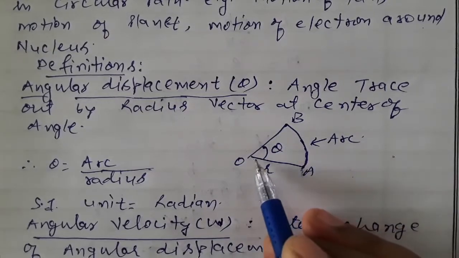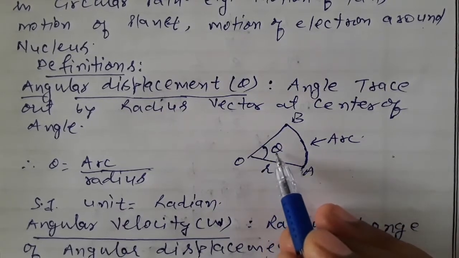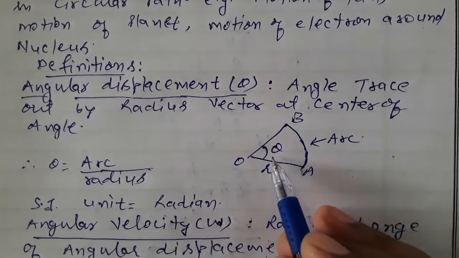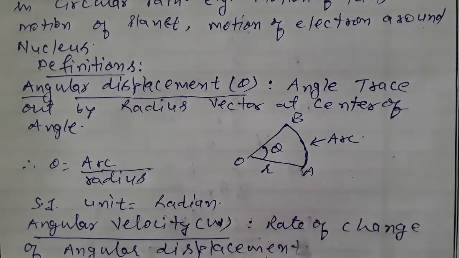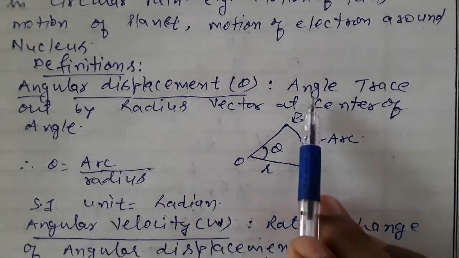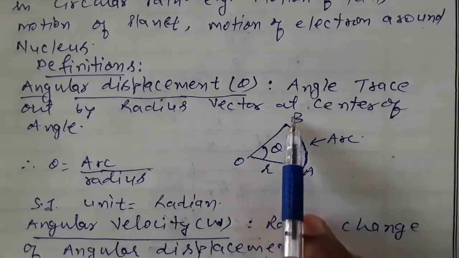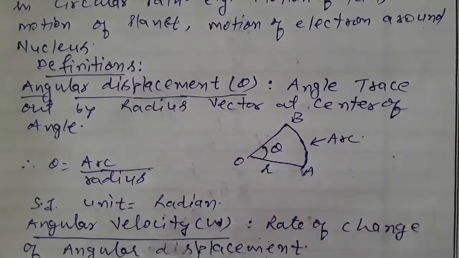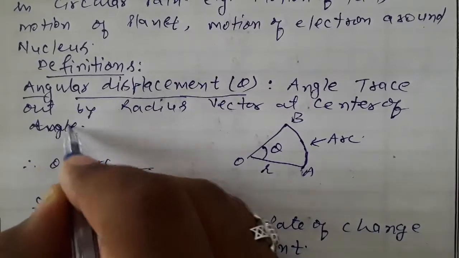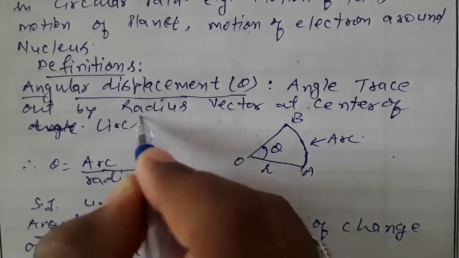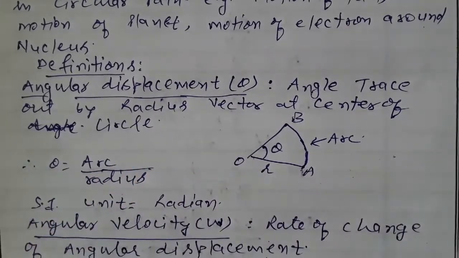This arc makes an angle theta at the center, and this angle is known as angular displacement. We can define it as the angle traced out by the radius vector at the center of the circle. Angle theta is equal to arc by radius, so the unit of angle is radian.